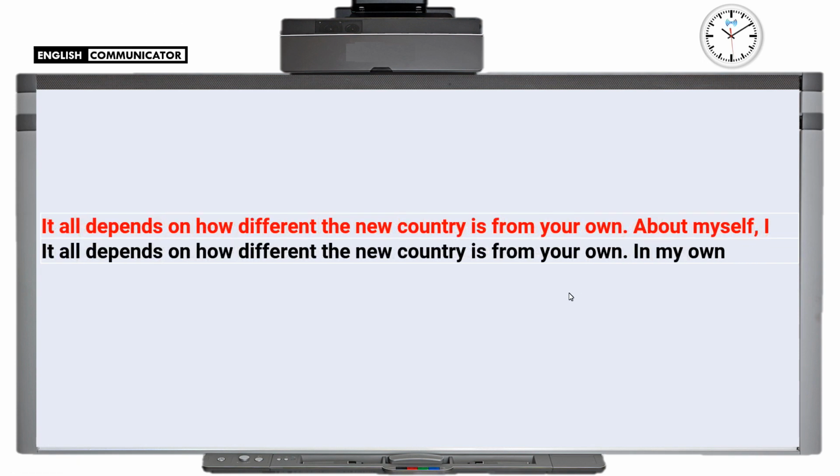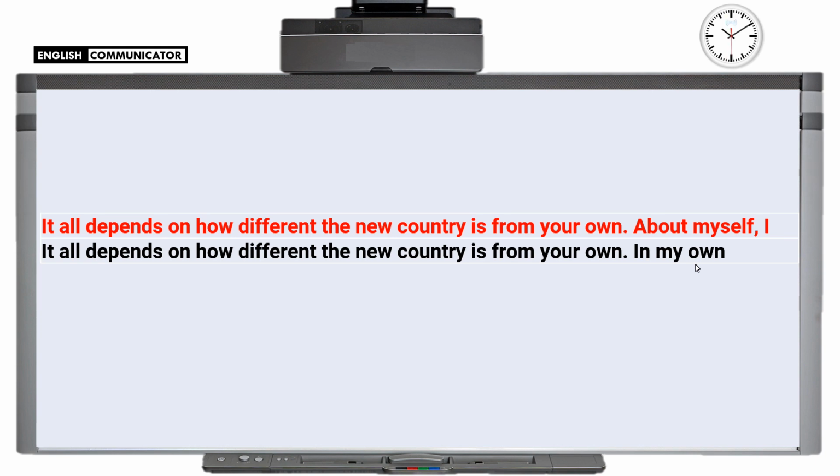It all depends how different the new country is from your own. About yourself, I. This sentence is a little bit tricky, but the trick is there and the answer is there. It all depends on how different the new country is from your own, in my own. It means that you have to give the answer in my own opinion.